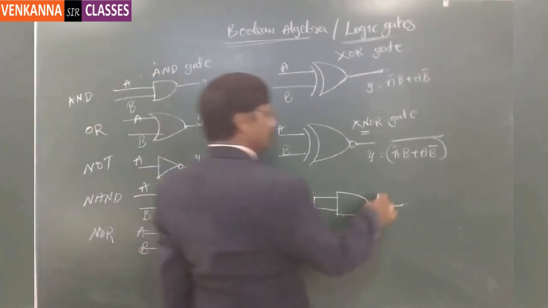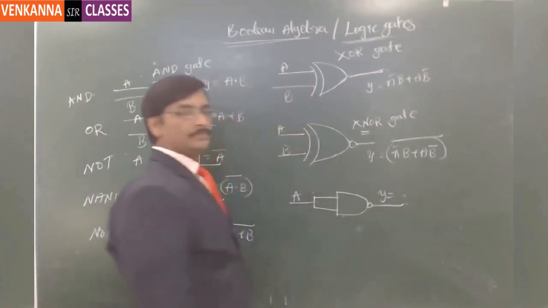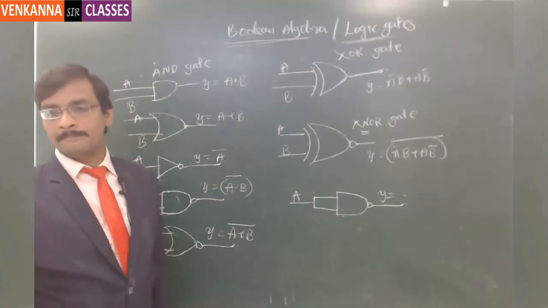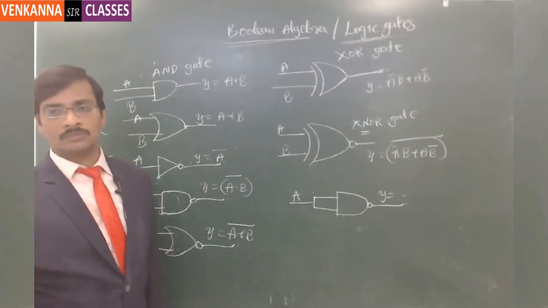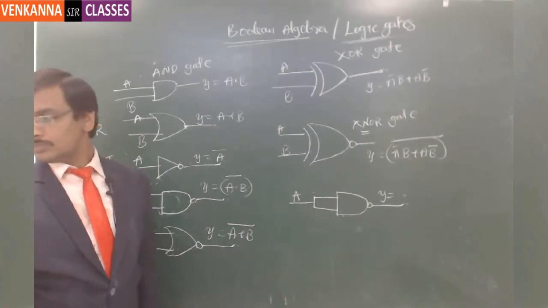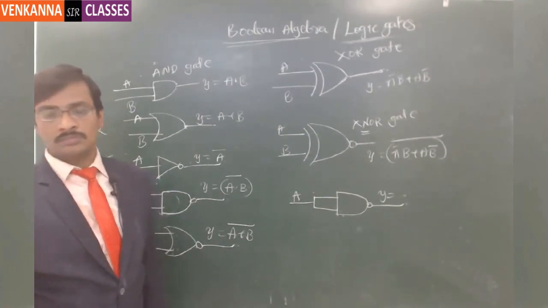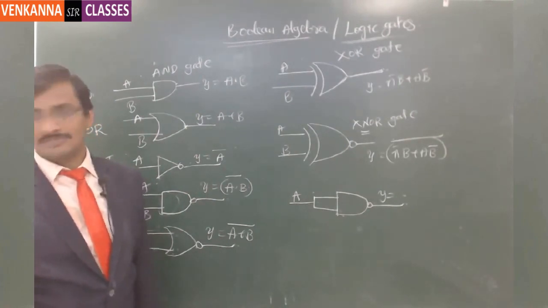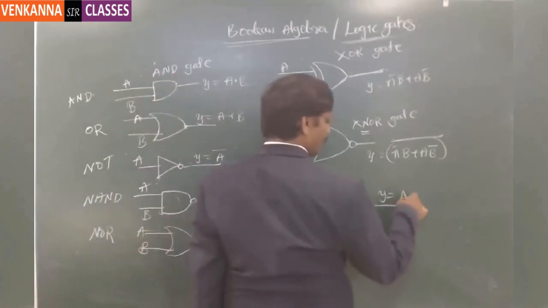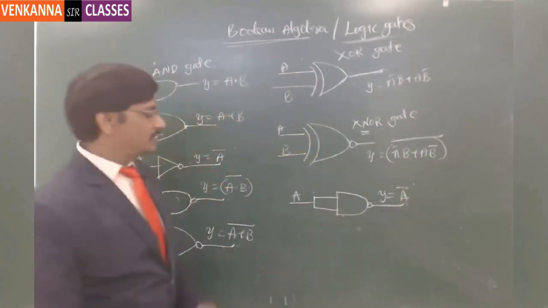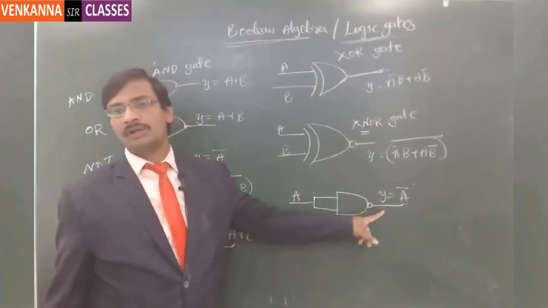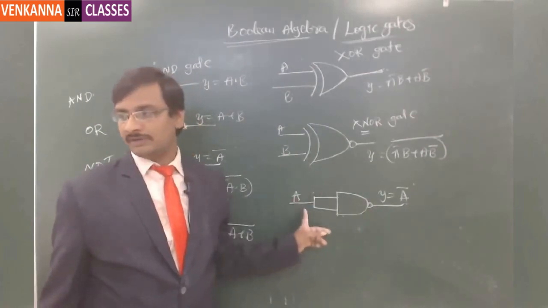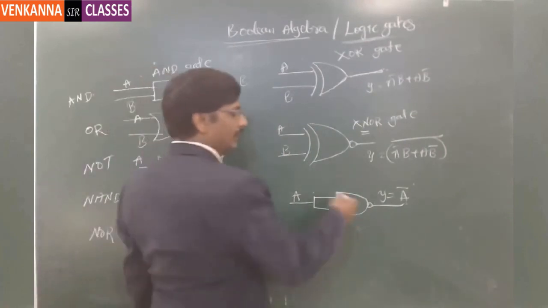What is the Y value? So this is going to be A bar. If I give the same input to both, you get exactly the opposite of the input we have given. This is the beautiful feature of a NAND gate.